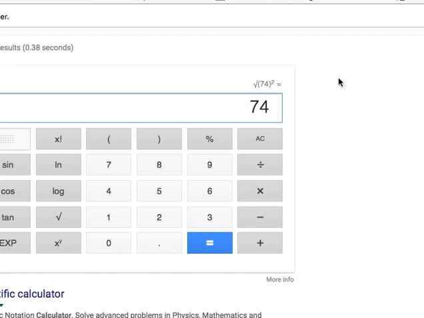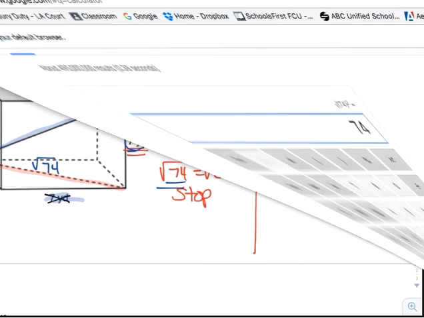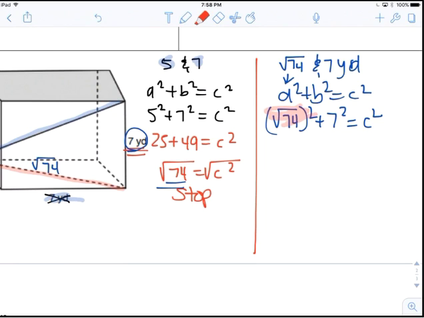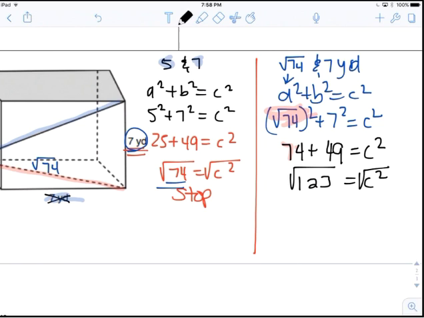See, that's 74. So you get 74 plus 7 squared, which is 49, equals c squared. You get 123 equals c squared. Take the square root. Now you use your calculator. It's the very last step. Last thing you do, you can use the calculator.